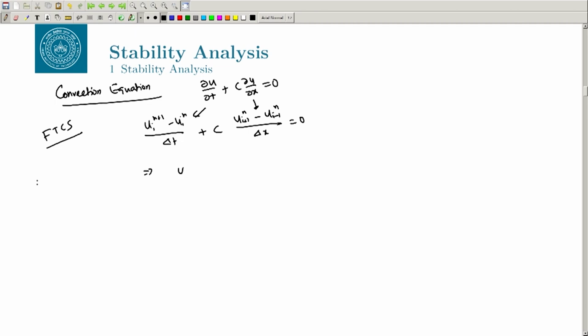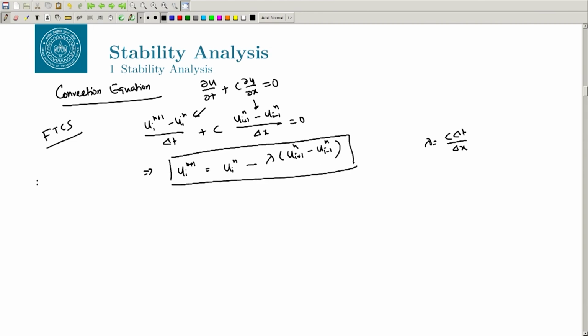So, that can be written as u i n plus 1 equal to u i n minus, so there will be c delta t by delta x, which I will denote by lambda. So, lambda is equal to c delta t by delta x, and this is u i plus 1 n minus u i minus 1 n, right. So, this is our discretization scheme which will be used, okay.